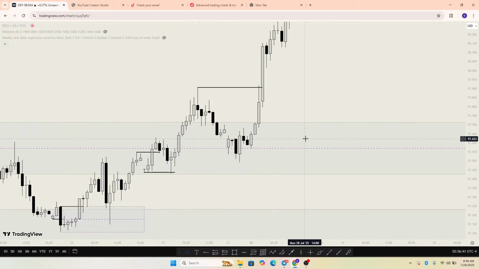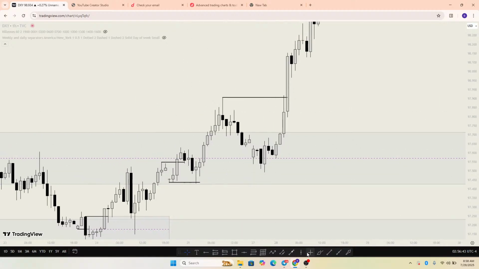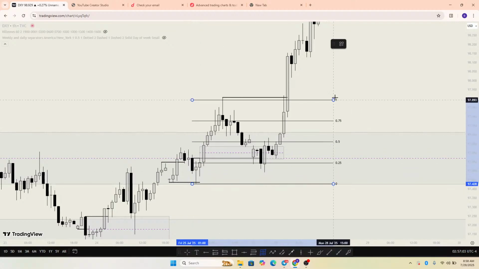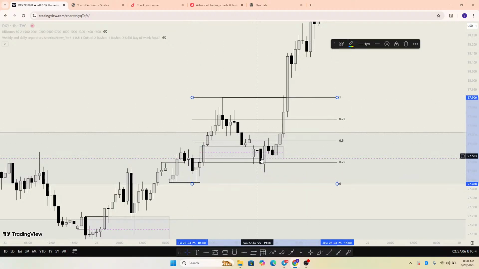So here at discount level, we have this opposing candle, which is change in the state of delivery. The second one is our fair value gap at discount level. You see it? It's at discount level because if we take our Fibonacci or price grading tool and then we grade it, you will see that price is at discount level.